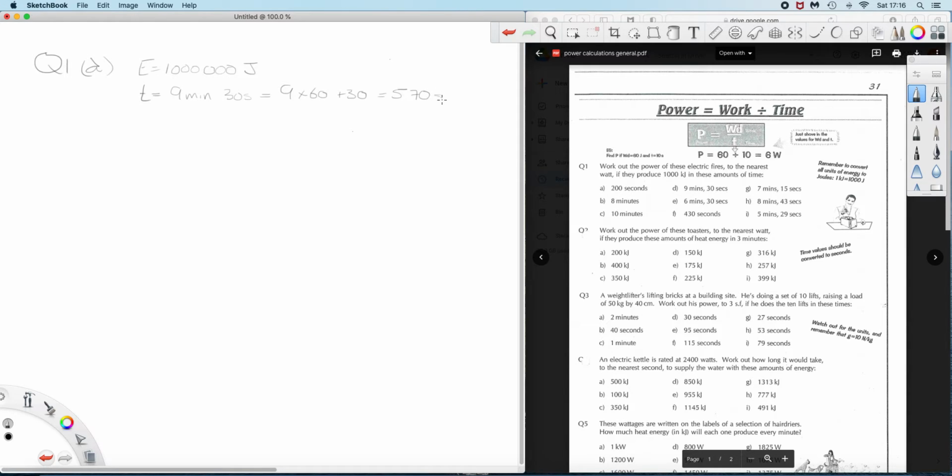570 seconds. The formula then, power is work divided by time, or energy divided by time, remembering that work and energy are the same thing.